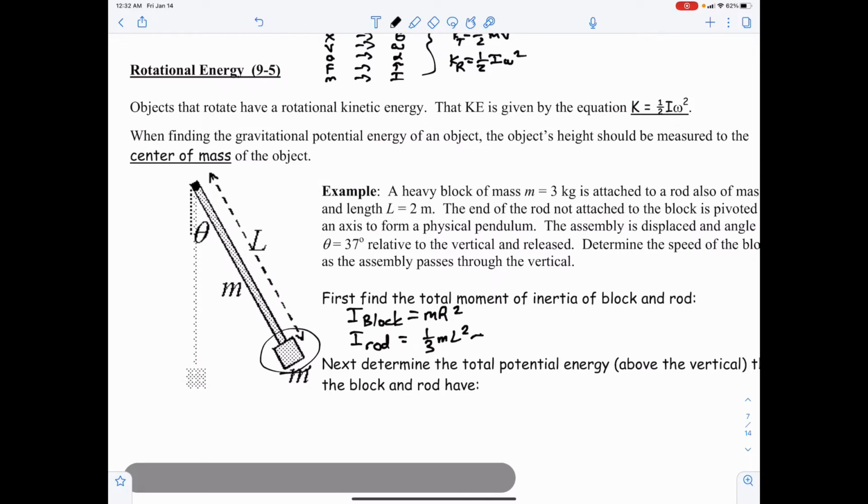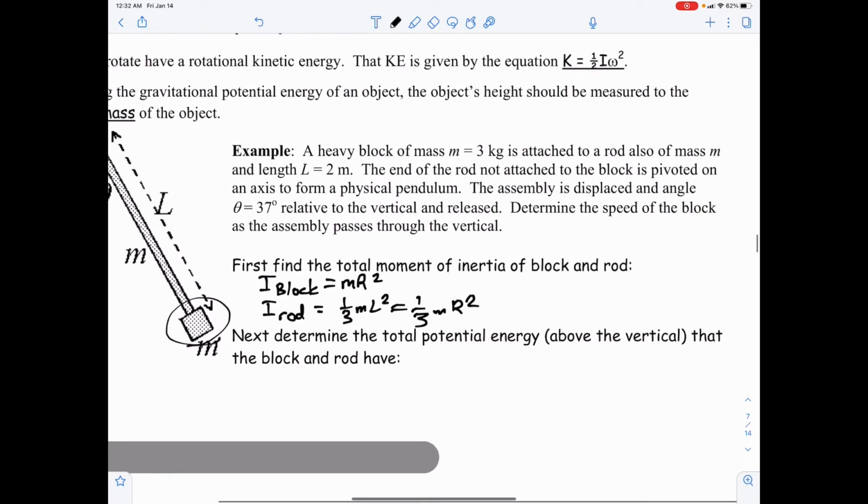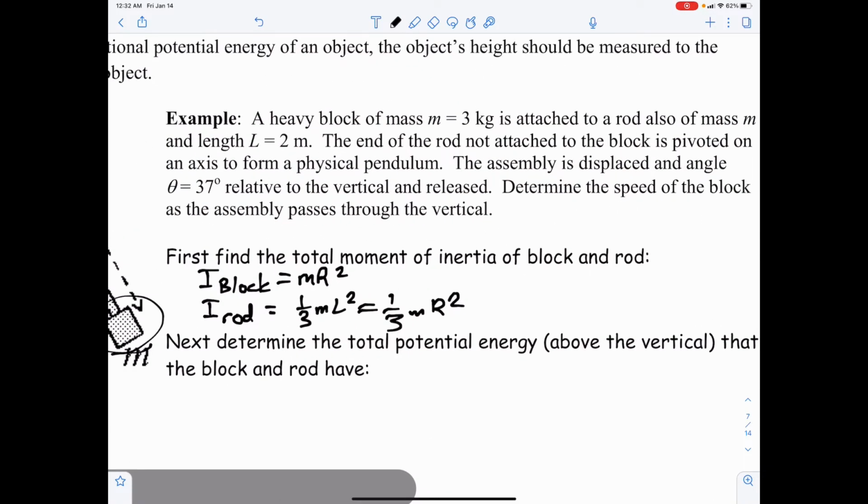So I'm just going to rewrite this as 1/3 mr squared. So 1/3 mr squared plus mr squared means the rotational inertia of the system would be 4/3 mr squared.